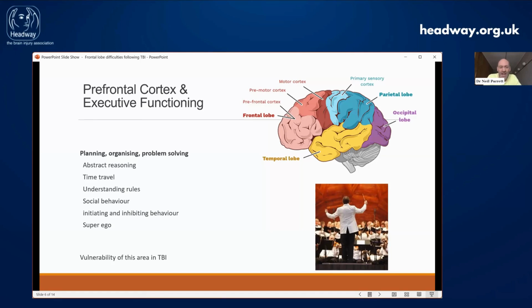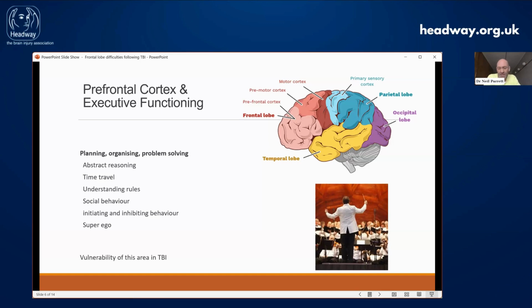Our ability to abstractly take information and use that information to solve problems in other areas. Our ability to time travel, not literally, of course, but in our heads, allows us to go back in time, consider things that have happened, or project forward into the future and consider what might happen in certain circumstances if we choose one particular path or another.